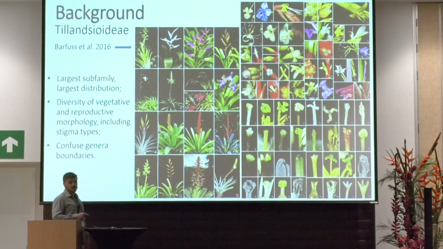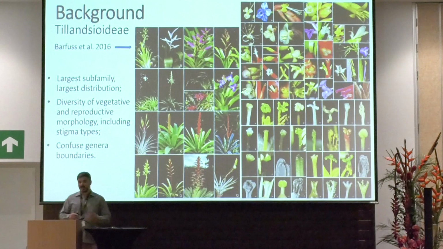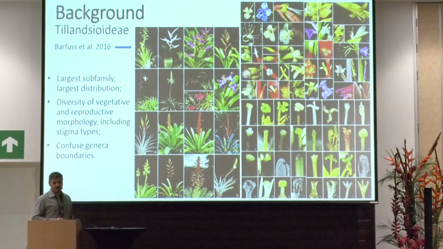That is a super important character for taxonomic delimitation in this group. And due to this large morphological range, this group is recognized by its confused generic boundaries, especially in the largest groups, as Vriesea and Tillandsia, for example.